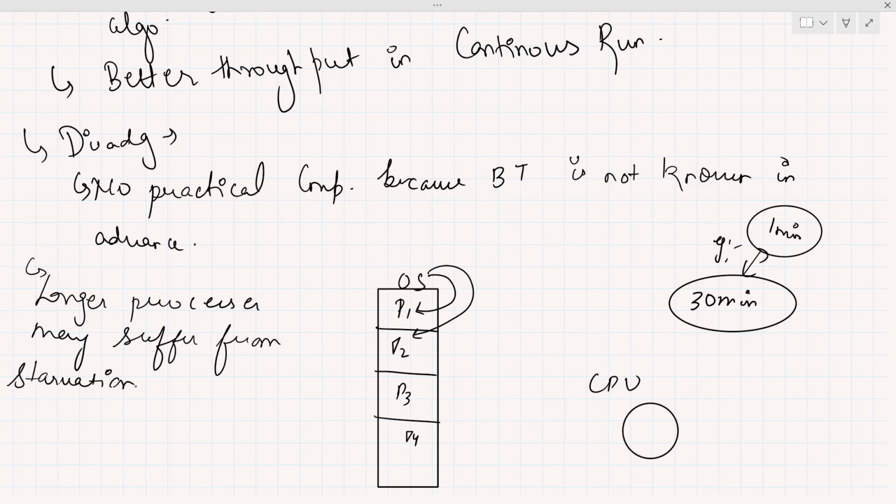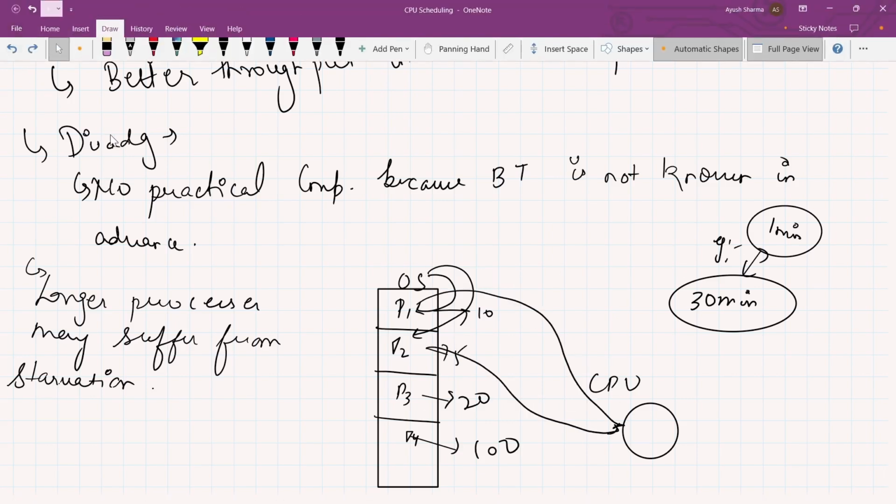Why do I say this process may suffer from starvation? Because here you can see that it chooses the process with the smallest burst time. Let's see, the burst time of P4 is 100, P1 is 10, P2 is 5, and P3 is 20. So first it provides CPU to P2 and then to P1.